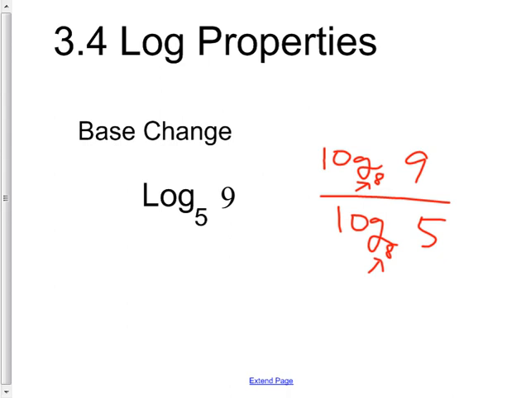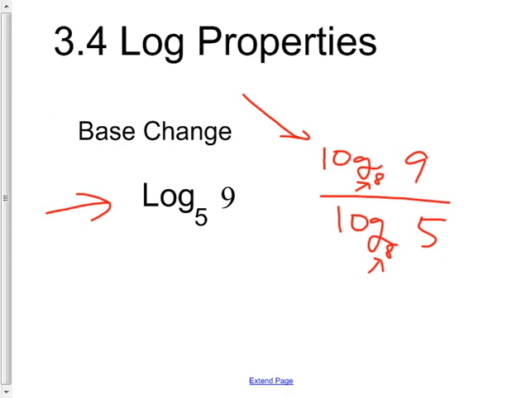So if they were to ask you, change this to base 8, this would be the answer. That has been changed to base 8. Why wouldn't that be like log 8 over log 9? It is.